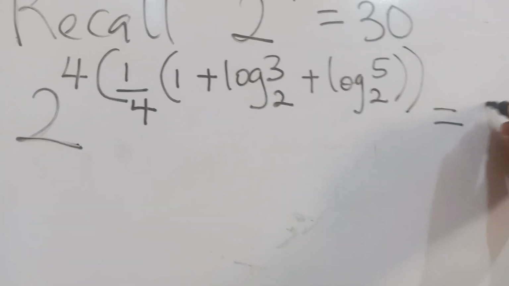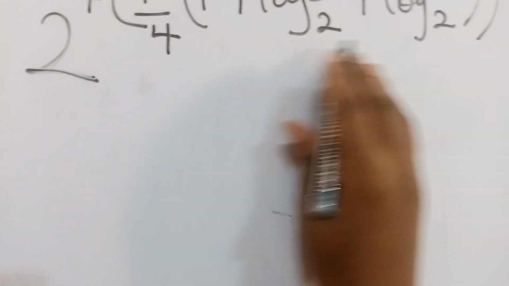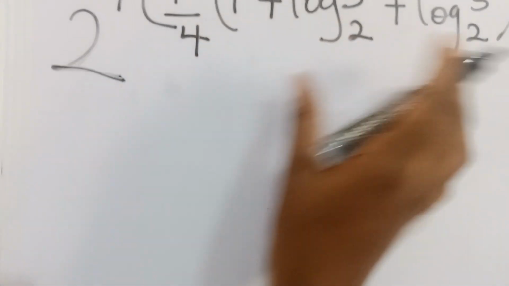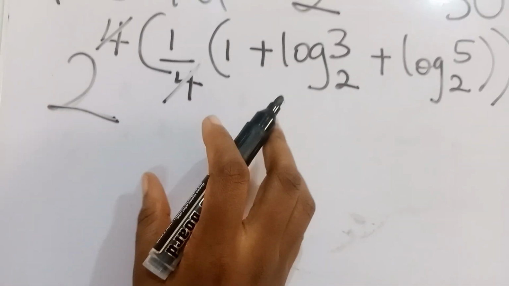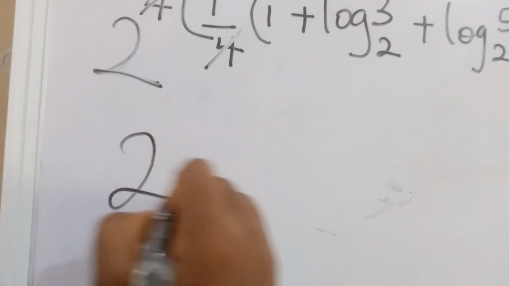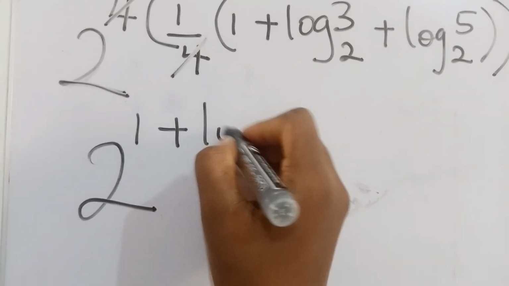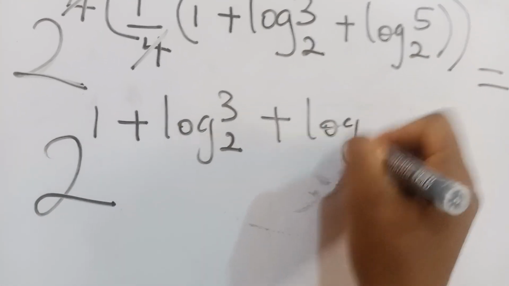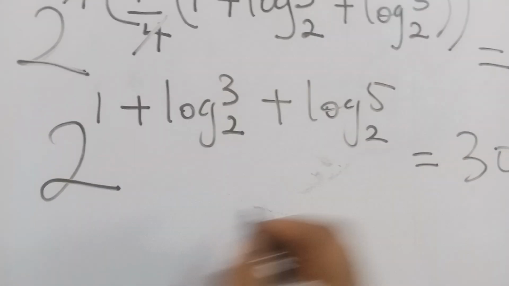Remember, everything has to be equal to 30. So we're going to open this up. Since we factorized, we can easily just strike this out to make it much easier. So we're just focusing on what's in the bracket, which is 1 plus log 3 and log 5 to the base 2, to give us 30.